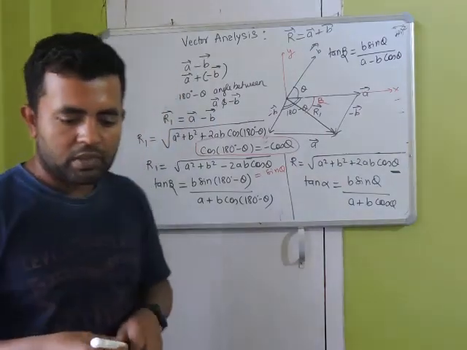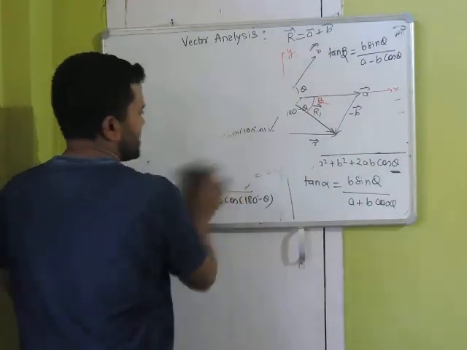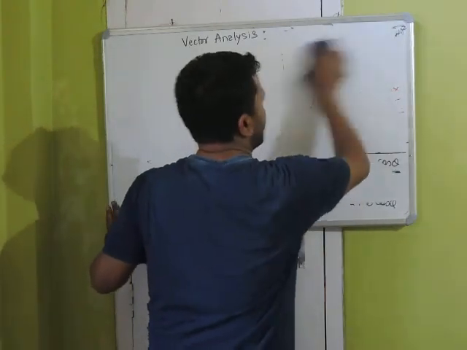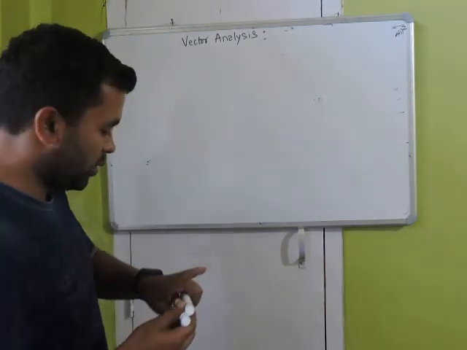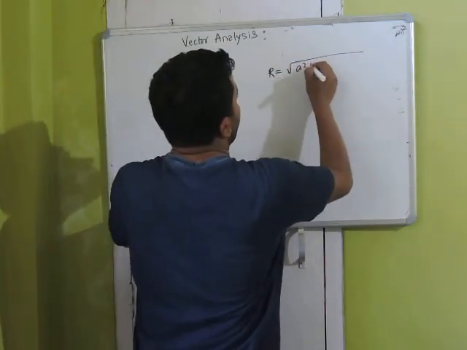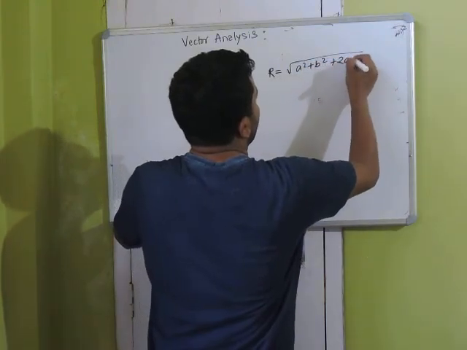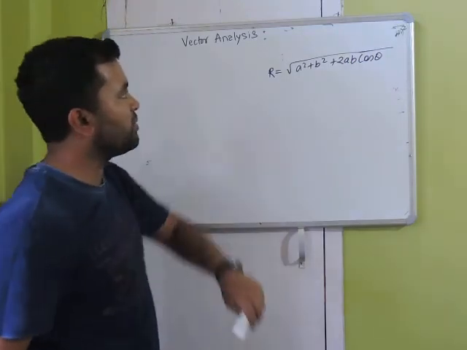Now if you add two vectors, and I am just talking about the resultant, you can talk about when the resultant is maximum. So R is the square root of A square plus B square plus 2AB cos theta. Suppose you have two vectors, when will this resultant be maximum?